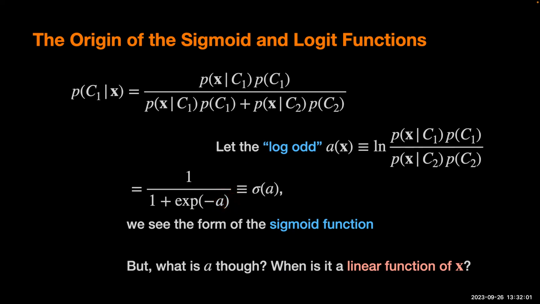I want A to be W transpose times X. The question is, when does it happen that A can be written as a linear model? So what assumption do I need to make for the generative models such that my discriminative models will take the form of a sigmoid function where the A here is a linear model?